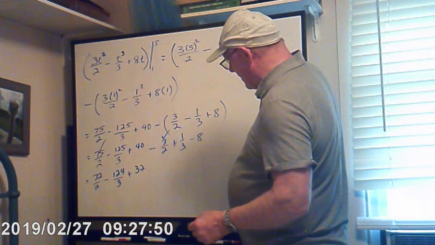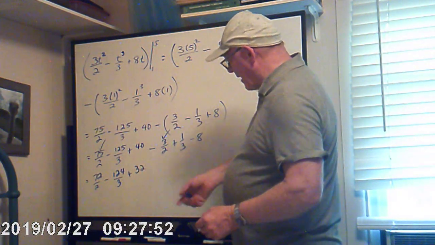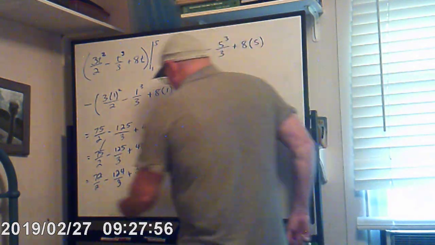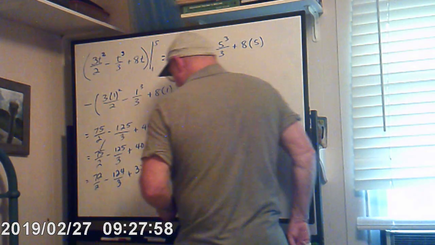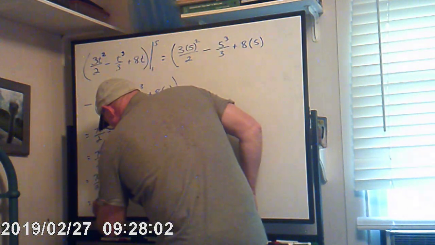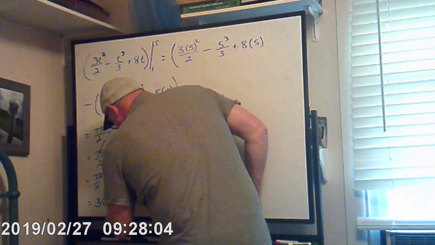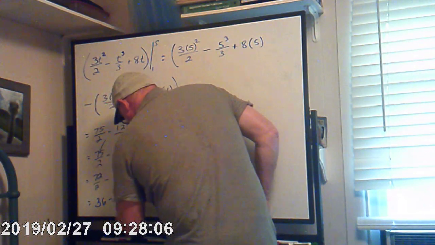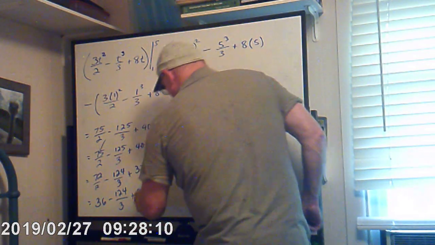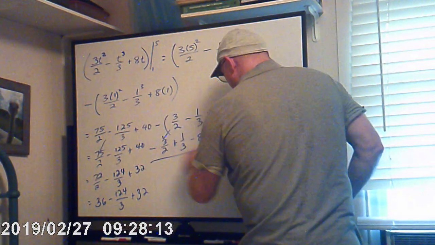We have a common denominator of 6, so let's multiply by 3. Now 72 over 2 is 36, that's right, minus 124 over 3. 3 won't go into that evenly, unfortunately. Plus 32. All right, now we're getting close.